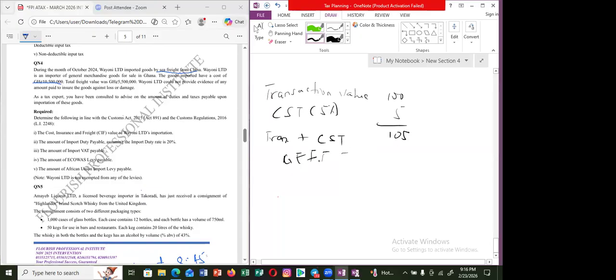That's under the new VAT system, right? 105, the 2.5% under Act 1151. 2.5% would be computed here. NHIL would be computed. Yes, Christiana. Sir, would they examine us on the new one, or are you just using it to make a point? Okay.